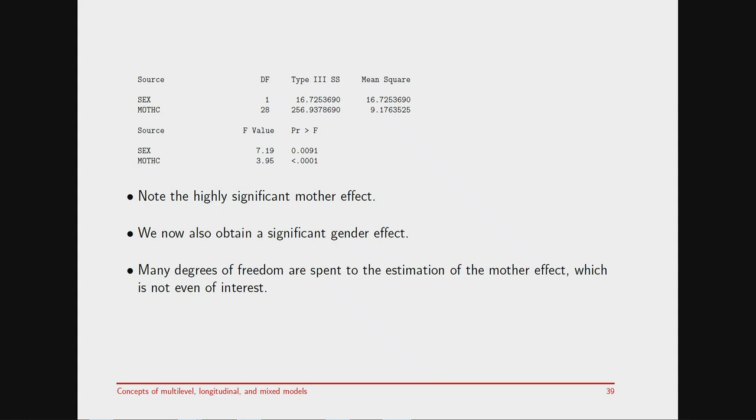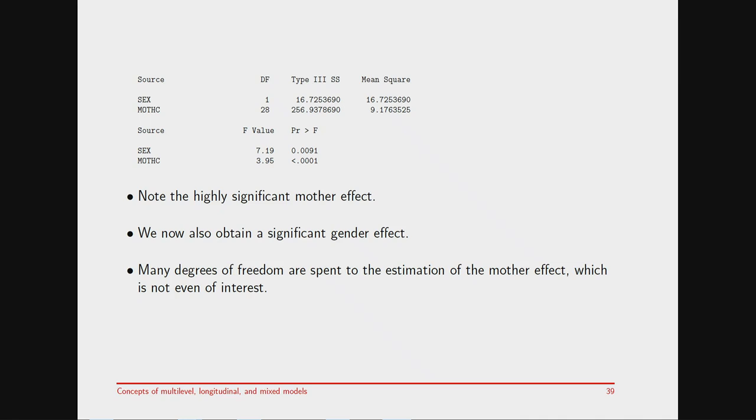Why are we not interested in these 28 parameters? Because no one will wonder what is now the difference between mother 7 and mother 9. I mean, these are just arbitrary numbers. Where do these mothers come from? These animals were randomly sampled, and it happened that some of these animals shared the same mother.